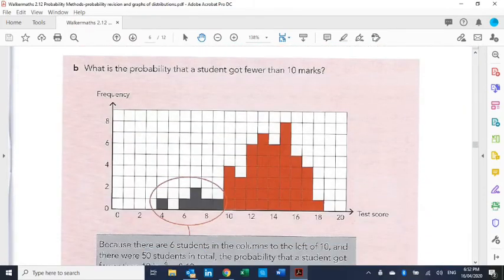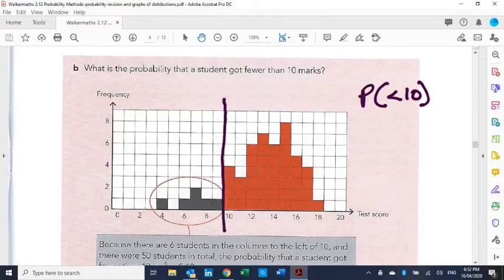Now, what is the probability that a student got fewer than 10 marks? Well, fewer than 10 means less than 10. So the probability of less than 10. In that case, it cannot include the 10, but it includes everything lower than 10.